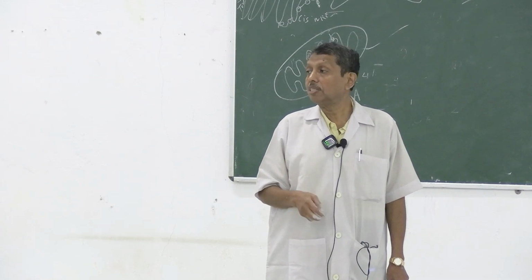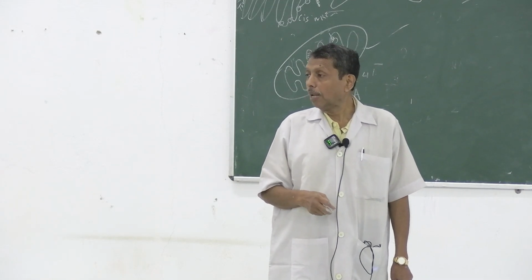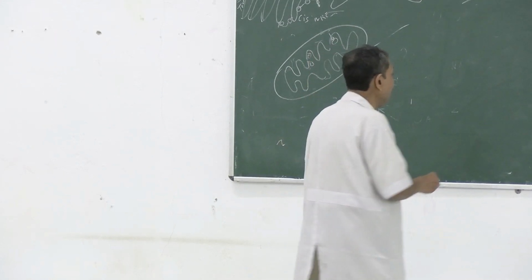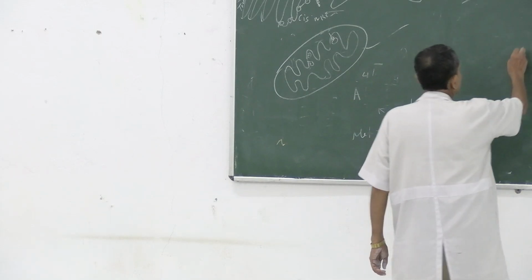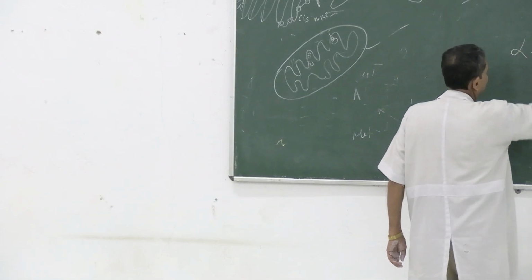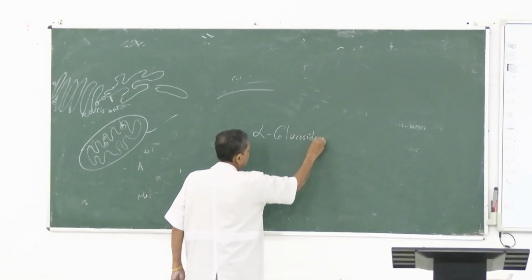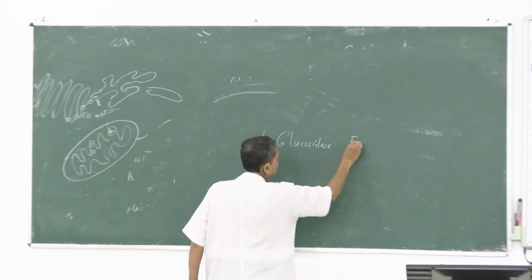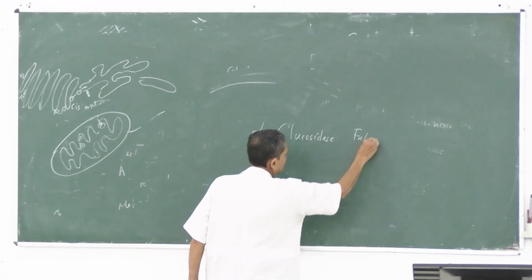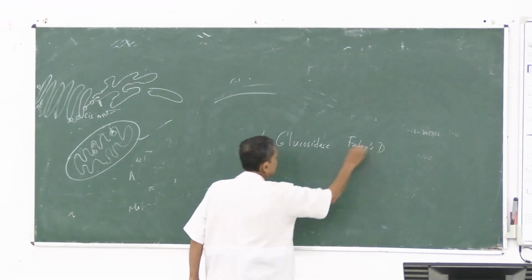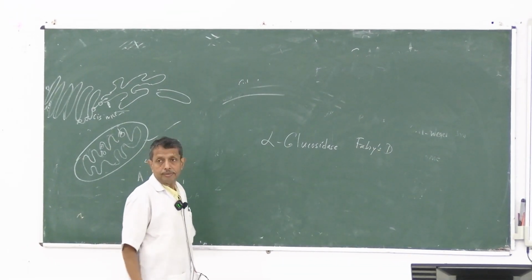Lysosomal storage diseases like Fabry's disease, alpha galactosidase deficiency, involve complex carbohydrate.